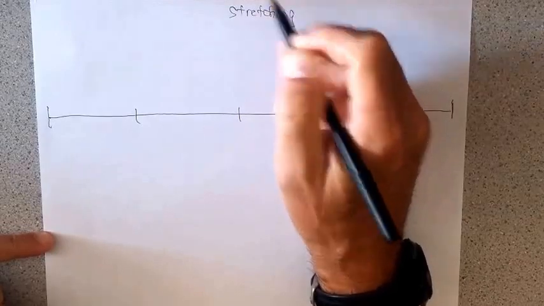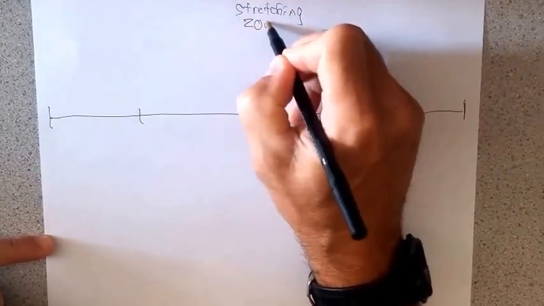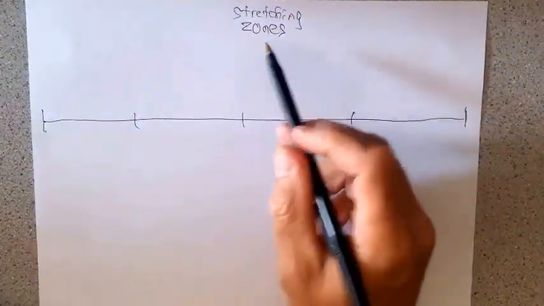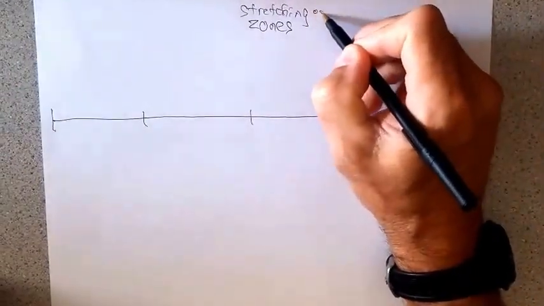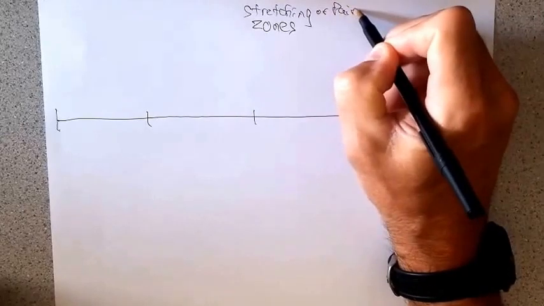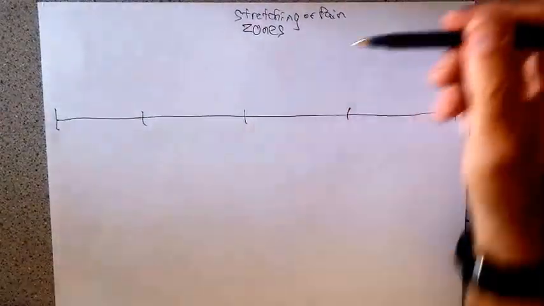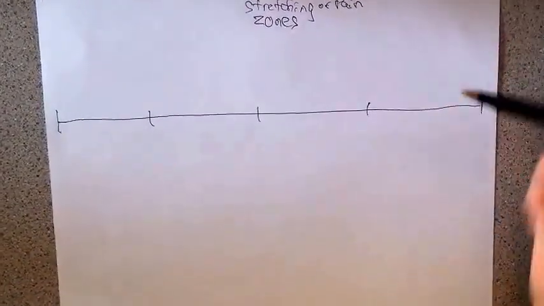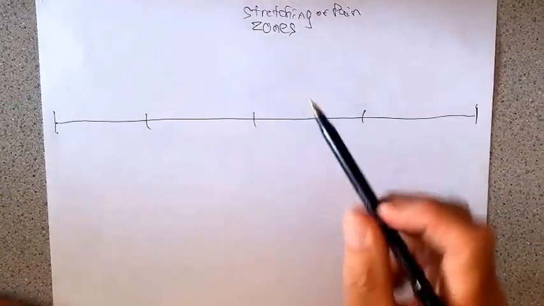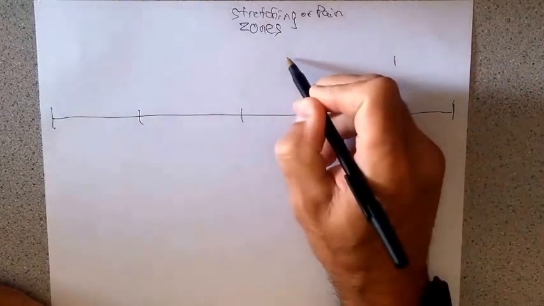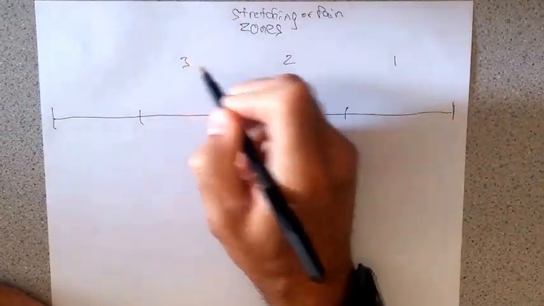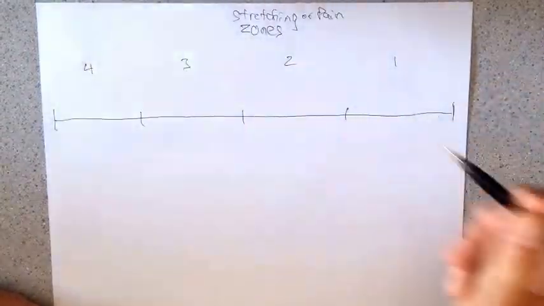So these are stretching zones, and these zones can also be stretching or pain zones with regard to CTM, connective tissue molding. Zone 1, Zone 2, Zone 3, Zone 4.